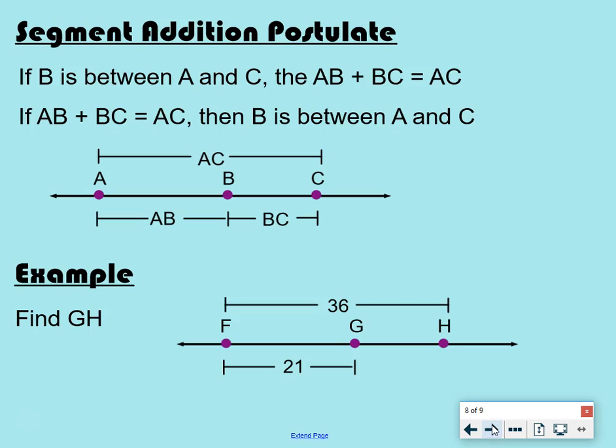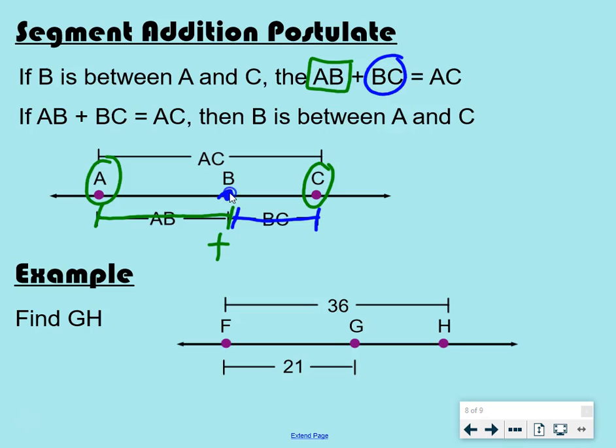Segment addition postulate. Postulate means we accept it without proof. If B is between A and C, so if point B, right there, is between point C and A, then AB, that means length of segment AB, this length, plus BC, so the length of segment BC, this length right here, equals the length of AC.